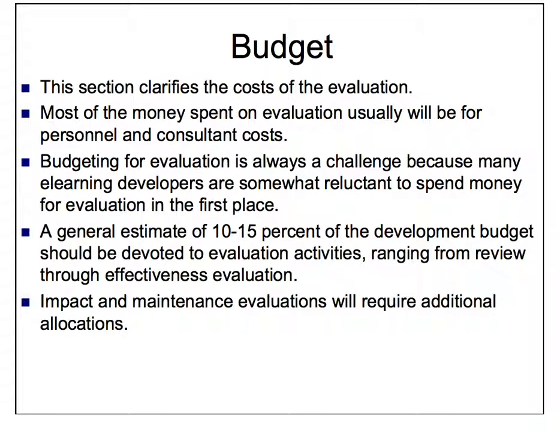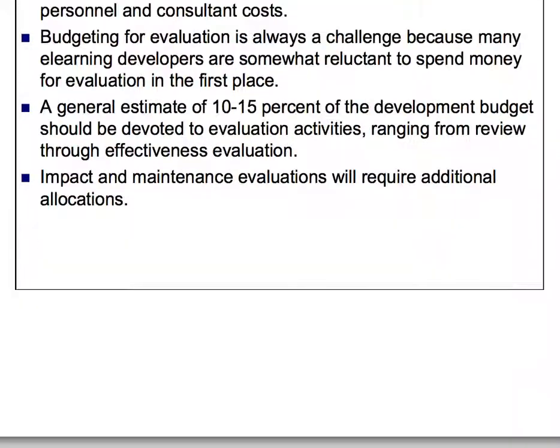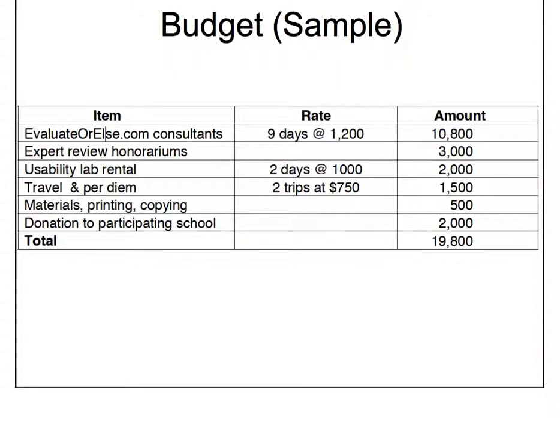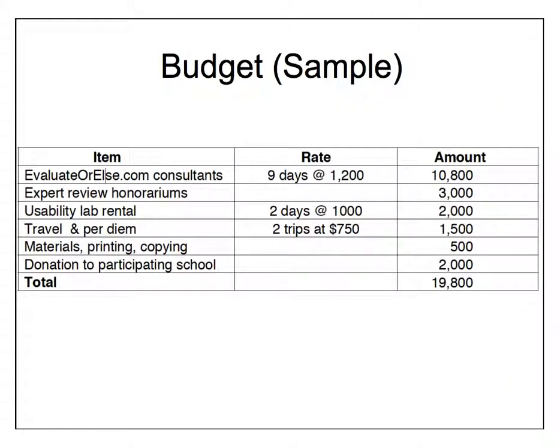And so I look at the sample budget that they provide, and there's interesting information here, like the billing rate's $1,200 a day for evaluationPlanning.com consultants. If I recall correctly, there were 2 consultants, so that basically means that each consultant's earning $600 a day, which is slightly less than $100 an hour. That's not an unheard of amount of money to make.